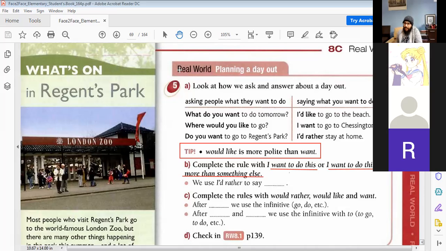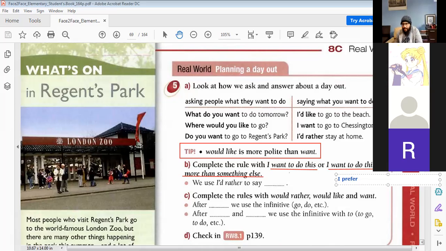Because أفضل by itself in English is I prefer. I prefer coffee. If someone asks you do you want or would you like tea or coffee? You can say I prefer coffee. It means you like tea too, you don't have a problem with tea, but you prefer coffee.